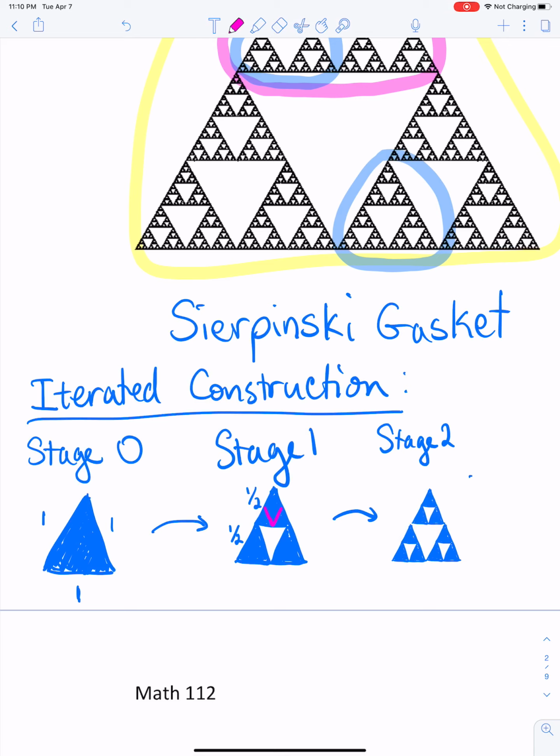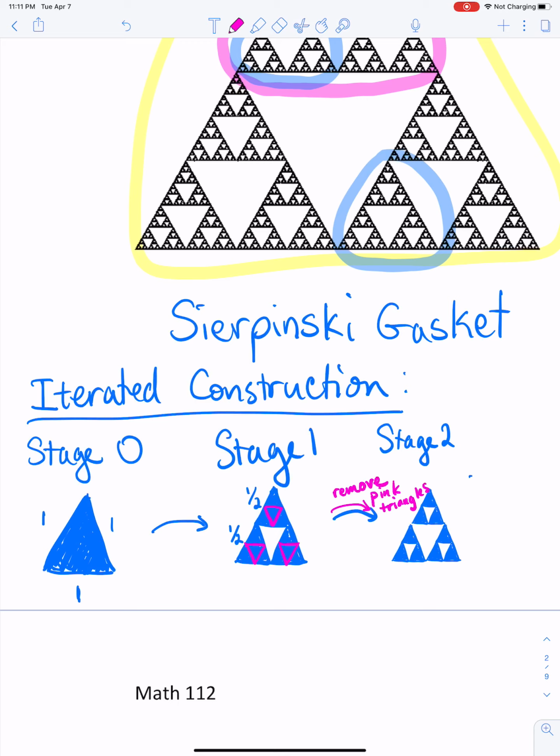If I removed these 3 centers when I go from stage 1 to stage 2, I would end up with a stage 2 fractal.